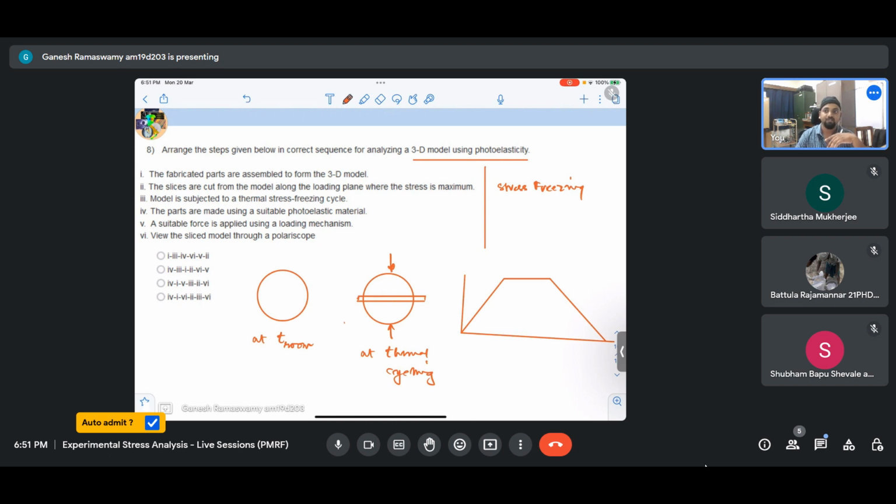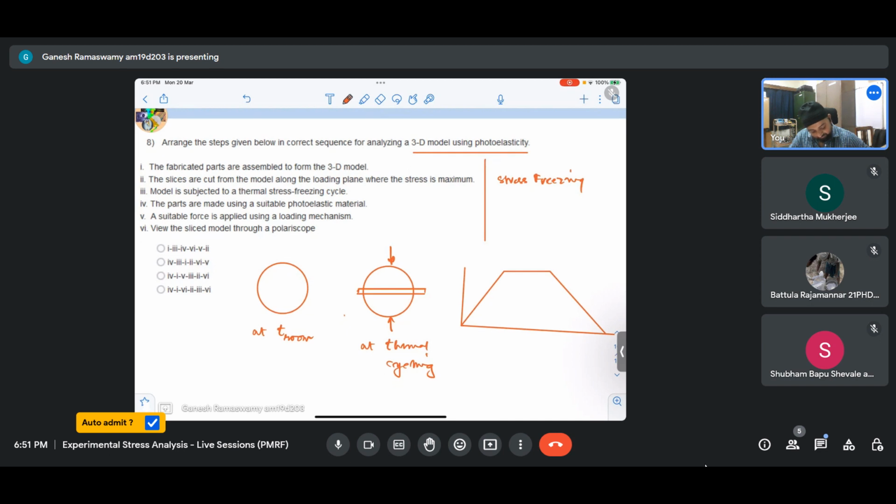So at each and every point in that slice, we will be able to discern what theta is and what delta is. So essentially, at every point, we have the principal stress difference and isoclinic angle. Then we can appropriately stitch it with some benchmark and get a three-dimensional picture of the entire stress field that is existing due to that load in that model.